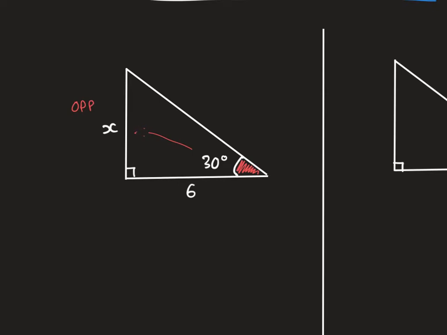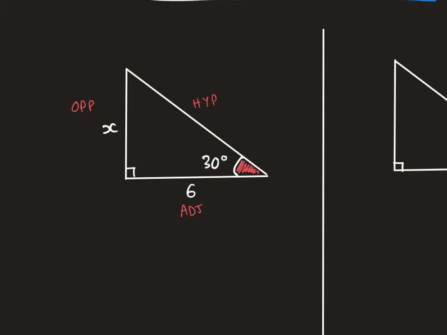Okay, and once we've got our opposite side, we can then use that to work out the rest. So this 6 here would be the adjacent side. Adjacent is just a fancy way of saying next to, and then the longest side here is the hypotenuse. Some of my students call it the hippopotamus, the large side.